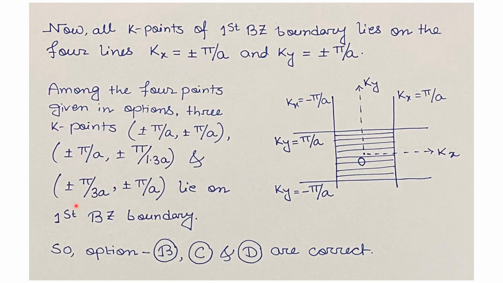And for the last option D, plus minus pi by 3a, comma plus minus pi by a, these 4 points lie somewhere like here, here, here, or here. These 4 points lie on the boundary of the first Brillouin zone, so this is also a possible answer. So effectively, options B, C and D are correct for this question.